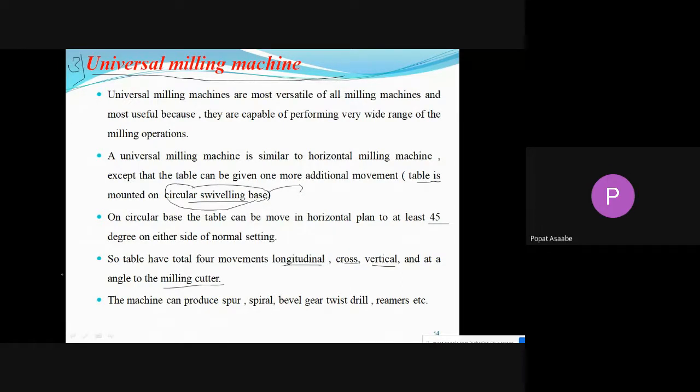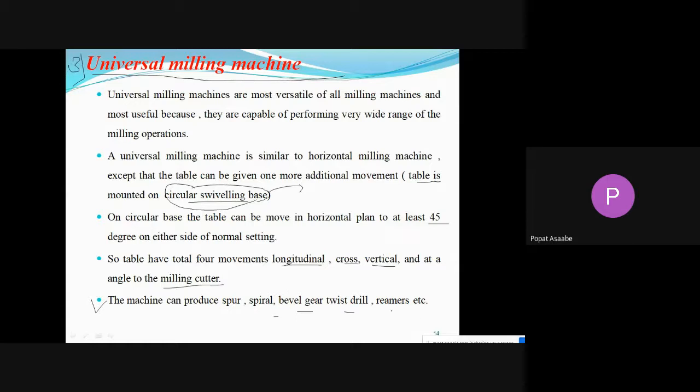Generally you have to remember that the universal milling machine is used to produce spur gears, spiral gears, bevel gears, and drill bits, because on a drill bit the flutes are there, and to generate those flutes the universal machine is generally used.